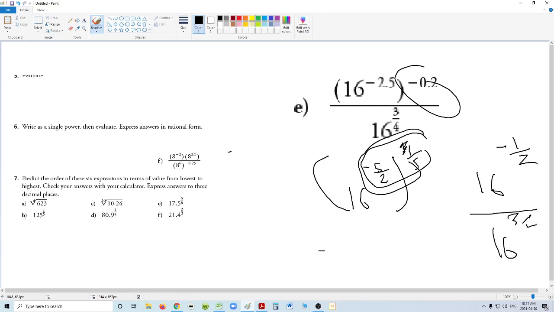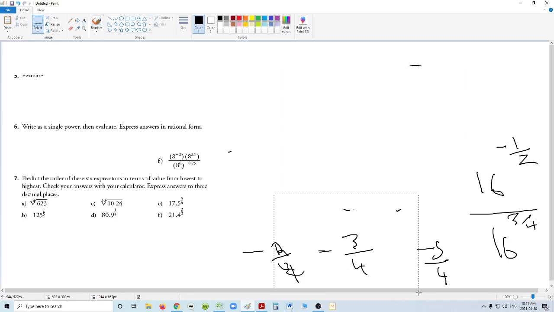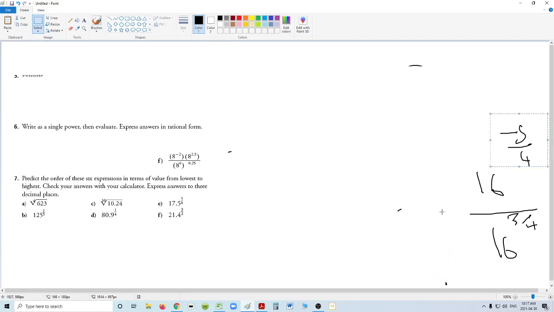And the rule is I have to subtract their exponents when it's the same base. What's a half minus 3/4? Well, it's the same as minus 2/4 minus 3/4. It's minus 5/4. So I have 16 to the minus 5/4 as the ultimate answer, which is the same as 1 over 16 to the 5/4.